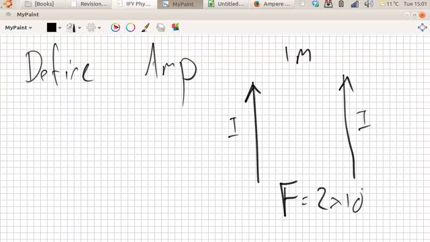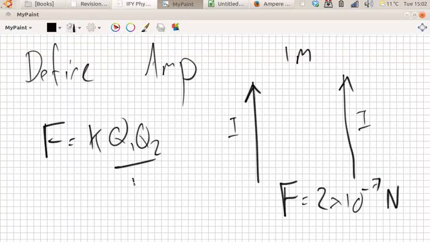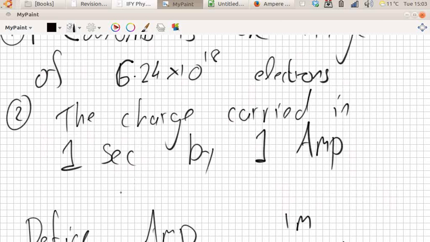So then to define an amp, define amp. So to have 1 amp, what you need is 2 wires. They need to be 1 meter apart, and they need to have the same current in it, current I and current I. Now, if they have the same charge, the force will attract or repel.